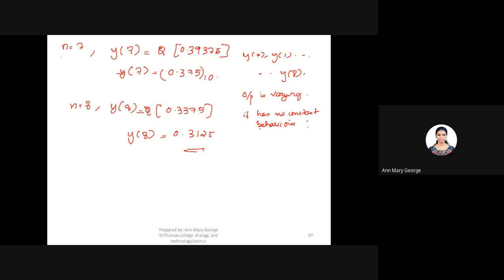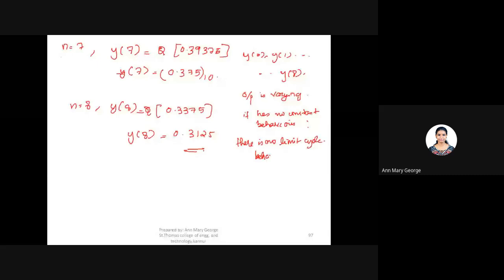This no constant behavior represents the fact that there is no limit cycle behavior.